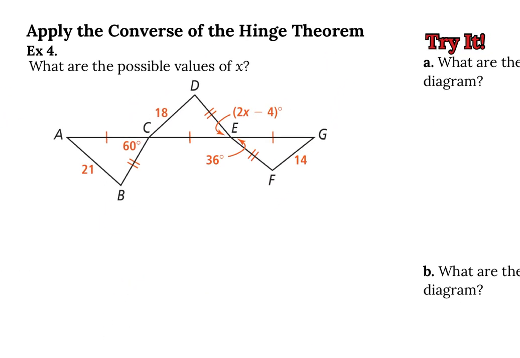All right, example 4, what are the possible values of x? Okay, so let's use the information that we know. So we know our 14 is smaller than the 18, so our FG is less than CD, which means our angle FEG would be smaller than our angle DEC.